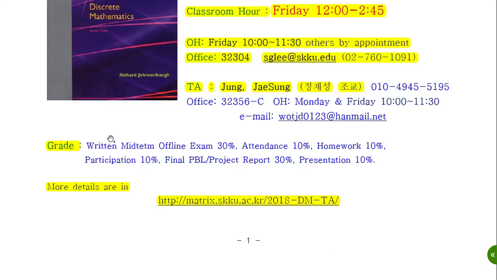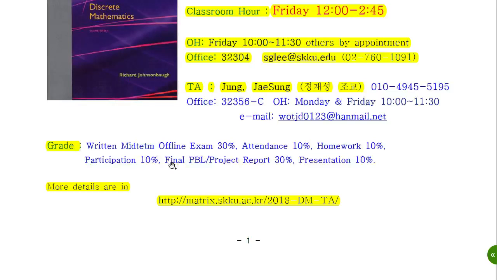The grading policy will be as the following. You will have a written midterm offline exam in this classroom, worth about 30%, and your class attendance will be worth 10%, your homework 10%, and your participation in questions and answers will be counted for 10%.